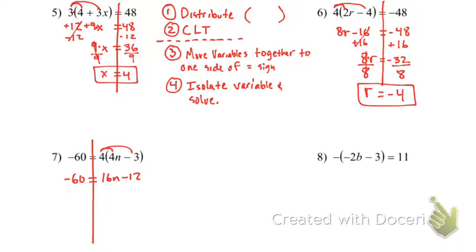So isolating the n, we've got to get rid of the 16 and the 12. The one we want to get rid of first is the 12 because it's subtracting. The 16 is multiplying, so to get rid of subtraction of 12, we are going to add 12 to both sides. So this turns into negative 48 on the left side equals 16 times n.